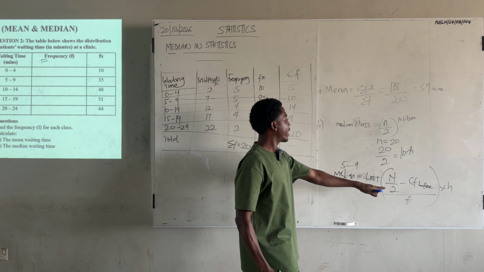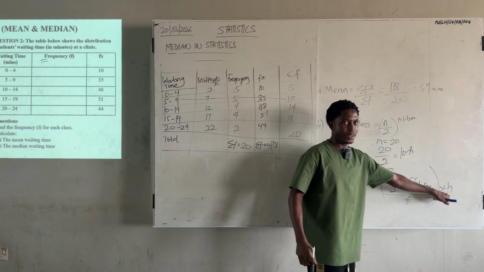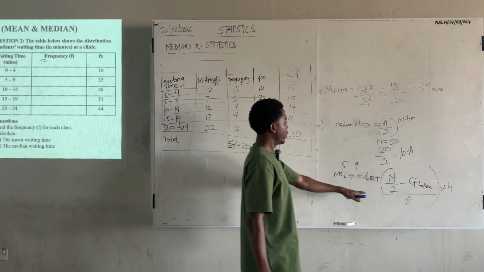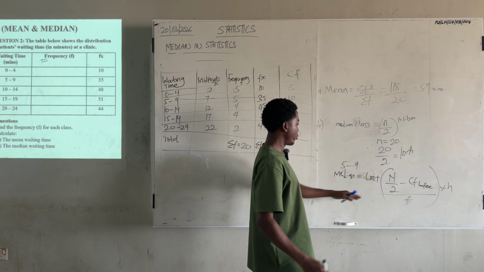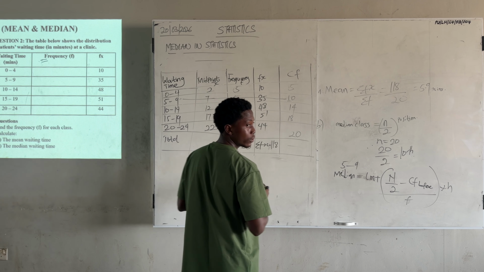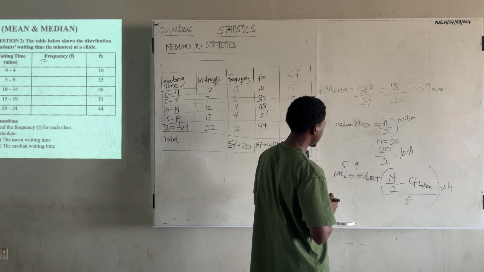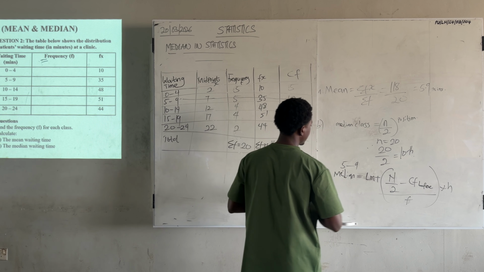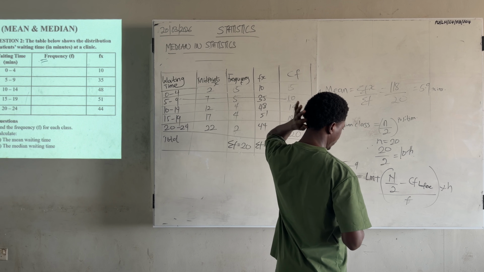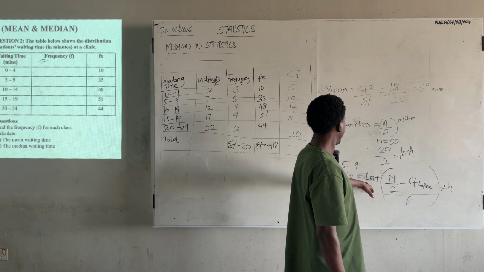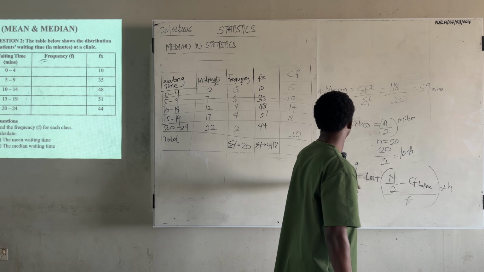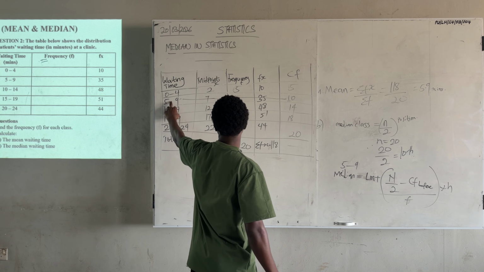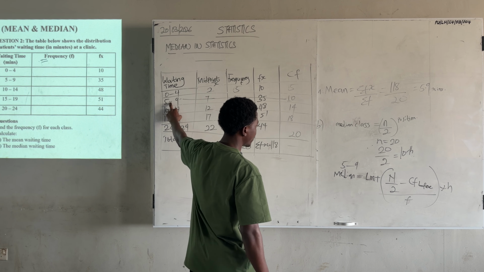The h over here is our class width, so we need to find our class width. Then we put our values inside and we go. The LM is the lower class boundary.